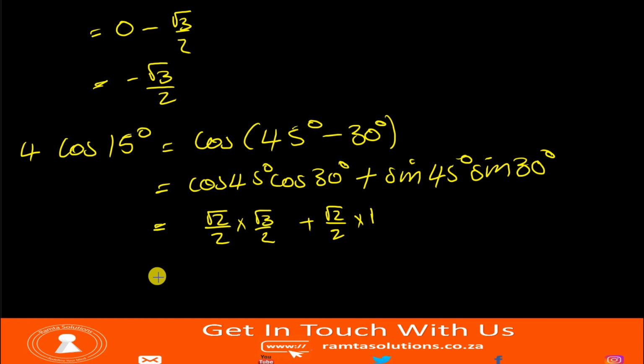Sine 30 is half. This is root 6 over 4. And this is square root of 2 over 4. Therefore, our answer is simply square root of 6 plus square root of 2 all over 4. That is our answer.